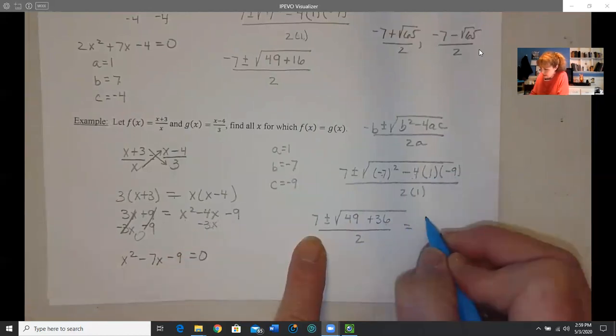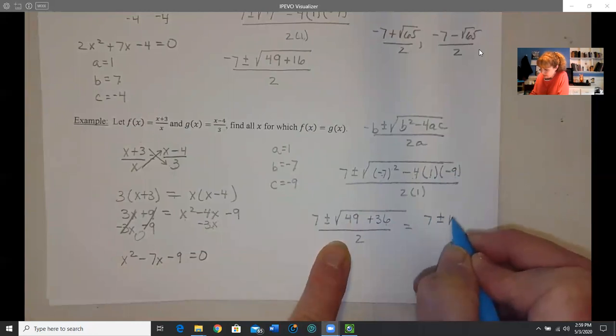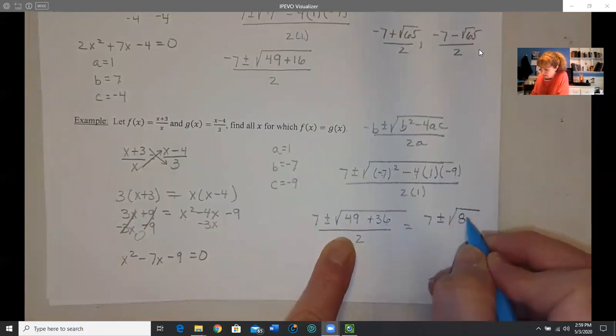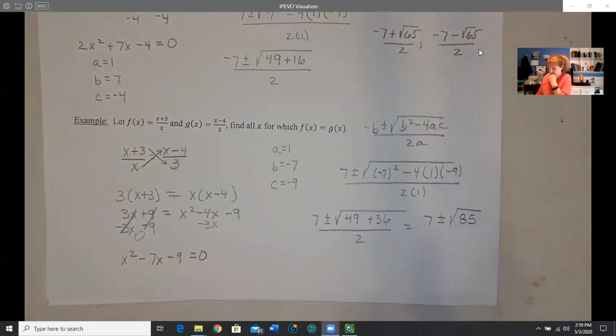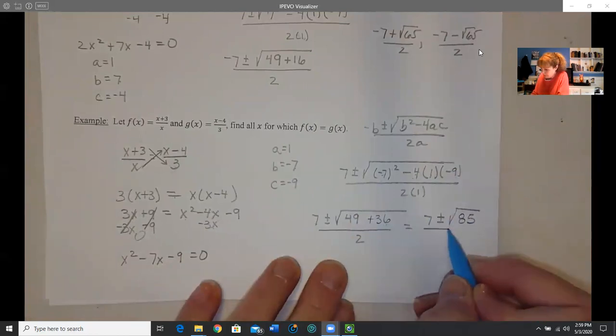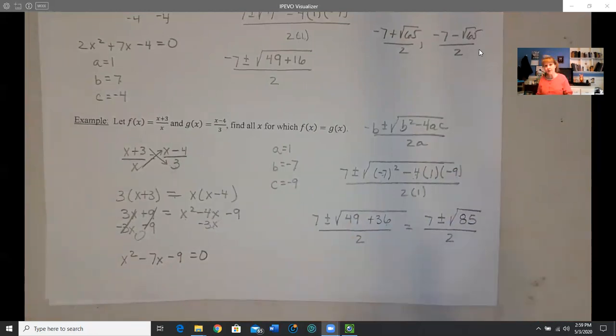So this gives us 7 plus or minus the square root of 85. If I did that right, let's see, 49 plus 36 is 85, yep, all over 2. All right, can you reduce the square root of 85? Well, 5 goes into it, so if we take 85 divided by 5, we get 17.